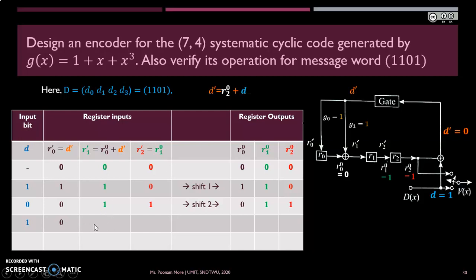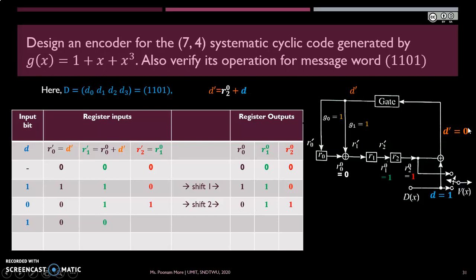Now let's calculate the value for R1 dash. Here R1 dash is the R00 summation with the D dash. R00 is 1 and D dash value is 0. Therefore the value for R1 dash is coming out as 1.